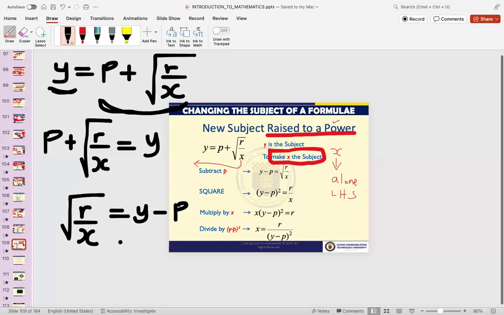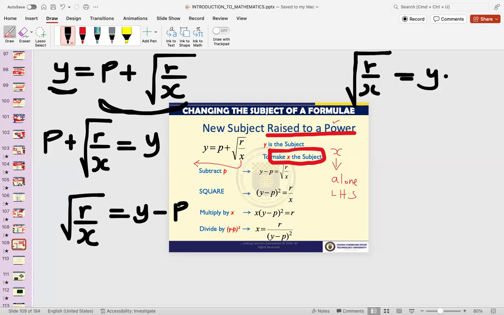Then the next thing to clear is the square root, which is worrying us. So let me repeat it up here. Square root of r divided by x is equal to y minus p. Now, anytime a square root is crossing an equal sign, that's what we are doing.